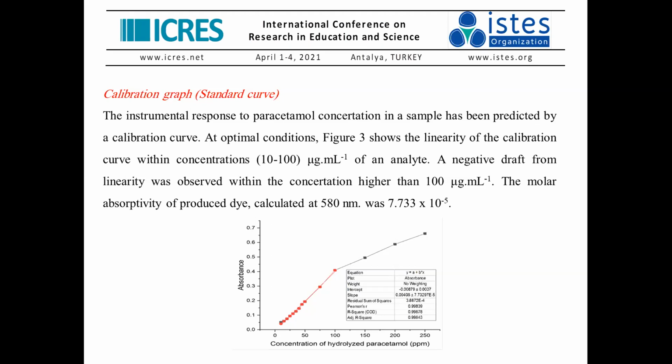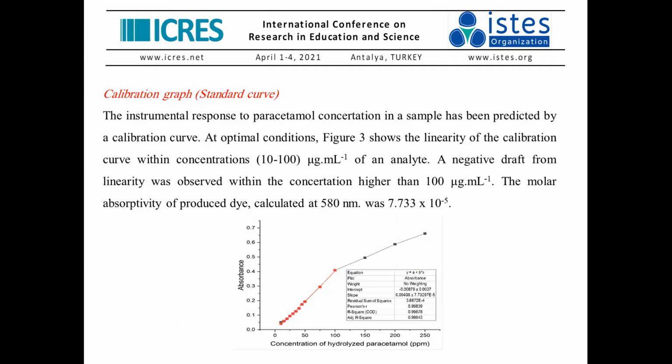That means the lowest concentration that can be detected by this method is 10 ppm, and the highest concentration that can be detected is 100 ppm. That means for any concentration less or more than this range, it will be hard to detect, or we will get inaccurate results.